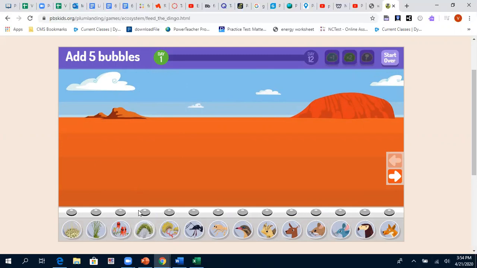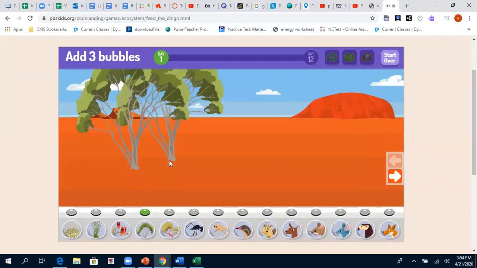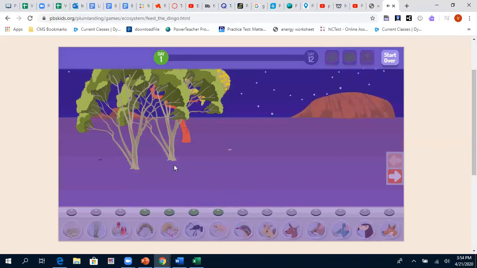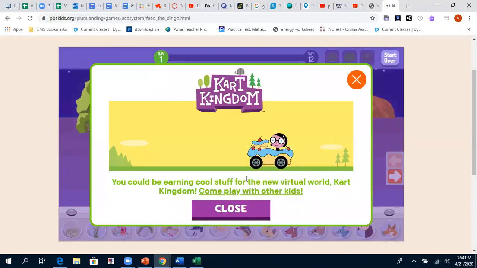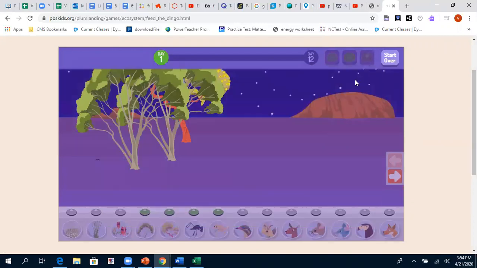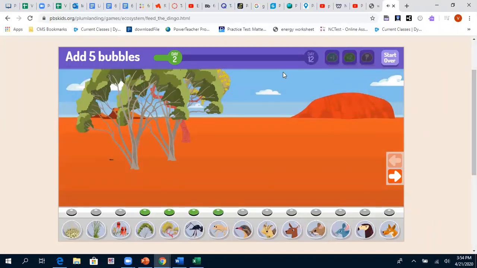I'm just going to show you a sample. I wanted to add a lot of trees because I think that's better for the ecology. I'm not sure. We can keep doing that till we have all the 12 days, and you can have fun seeing whether the ecosystem you built was good or bad. So you can try at your own time.